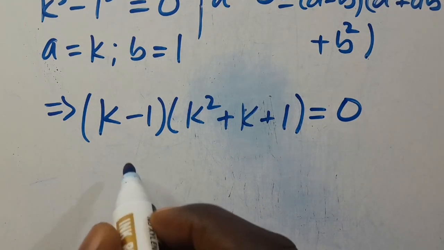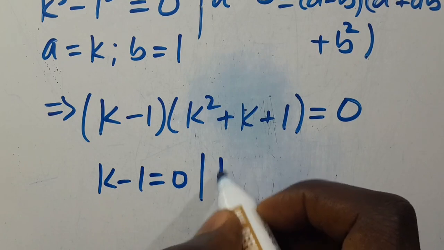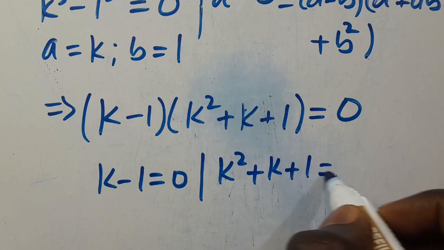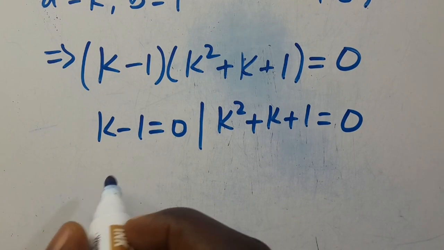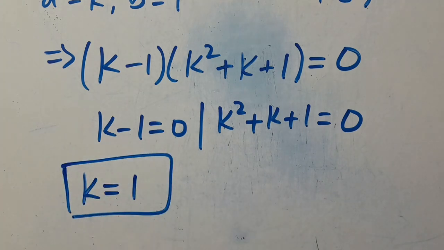Then we set everything to be equal 0. Now from here also, either we have k minus 1 equals 0, or we have k squared plus k plus 1 equal 0. For this expression to be equal 0, it is obvious as well that from here we are going to have k equals 1. Another obvious second real solution.